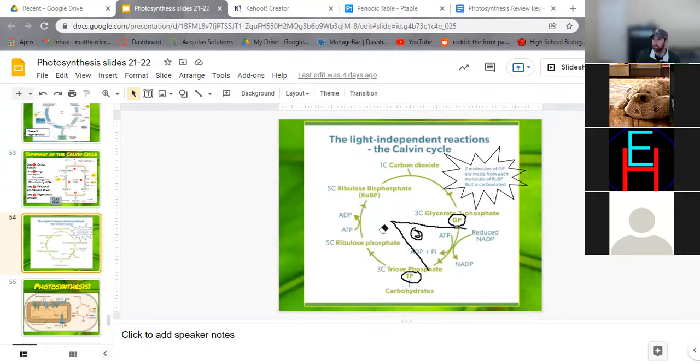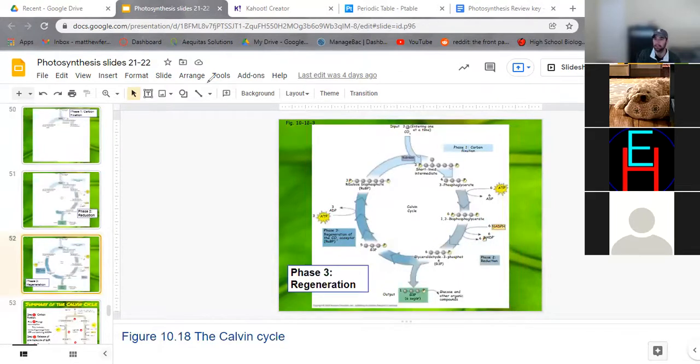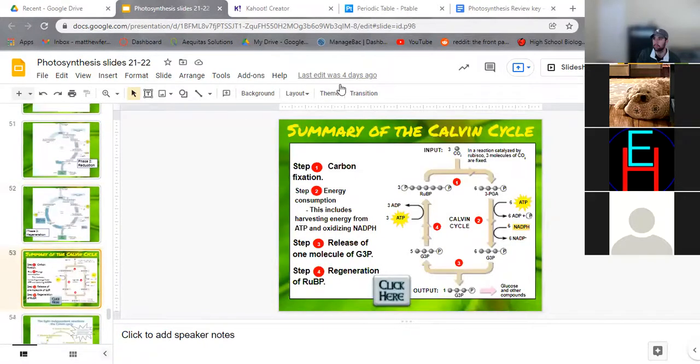However, because chemists are jerks, there are like 5 different naming systems. So we'll see in this diagram something called PGA, which is here, and something called G3P, but this is actually GP here, and this is actually TP down here. So I want to point that out now that we're going to talk about GP and TP.